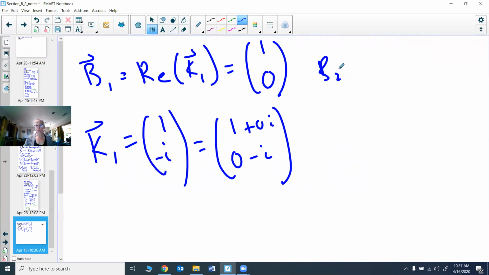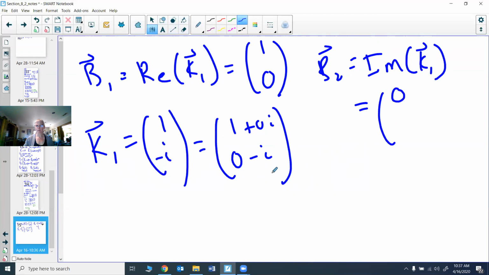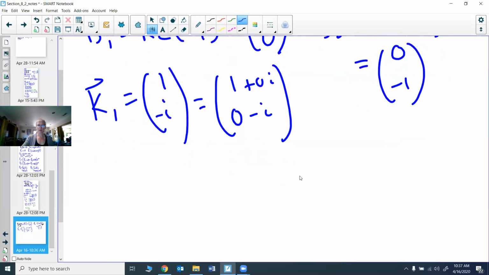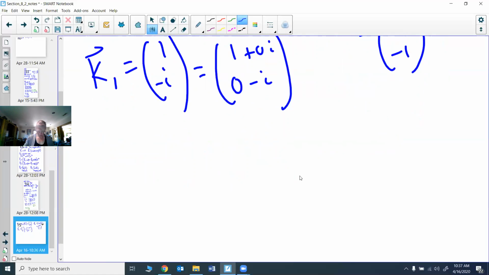Your B2 is the imaginary parts of K1. Because this is 0i, you have a 0 and a -1, the things in front of the i's. So the imaginary parts are just the coefficients of your i's. So now we know what B1 and B2 are.